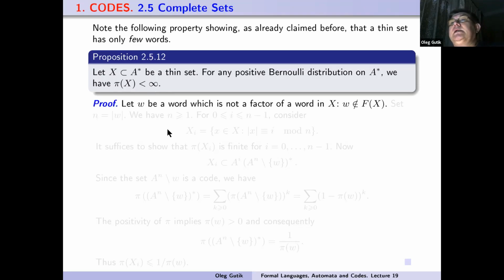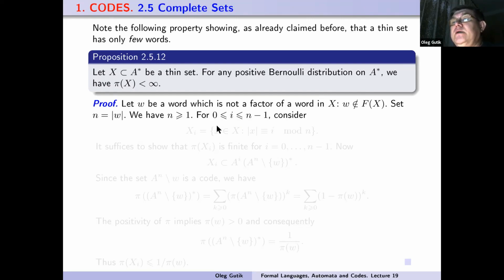The proof. Let w be a word which is not a factor of a word in the set X, that is, w does not belong to F(X). Set n equal to the length of the word w. We have that n is greater or equal to 1.